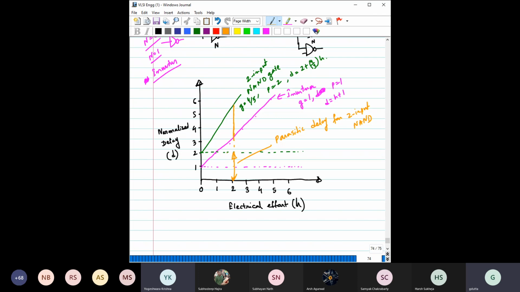This much is the effort delay. Have you understood this?